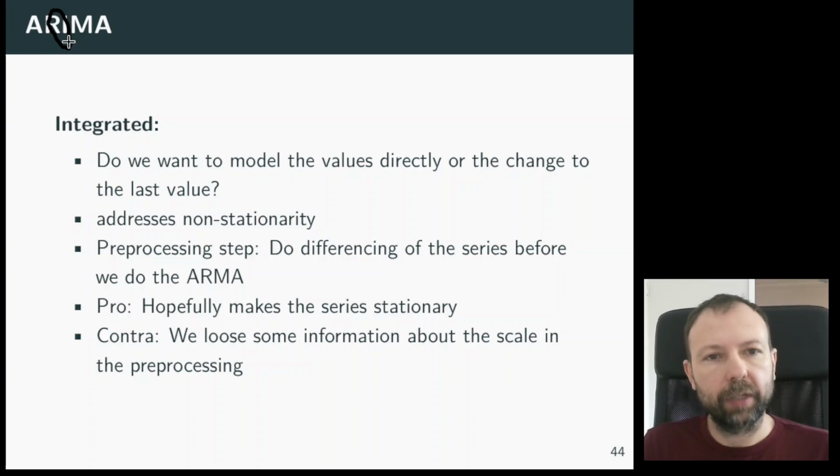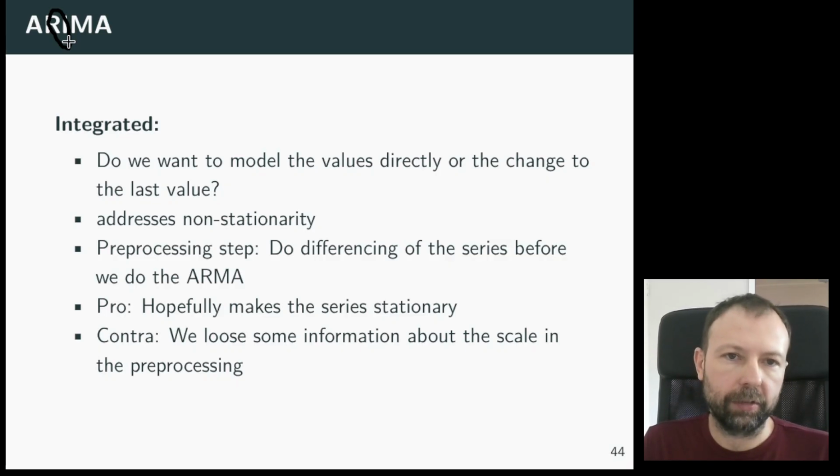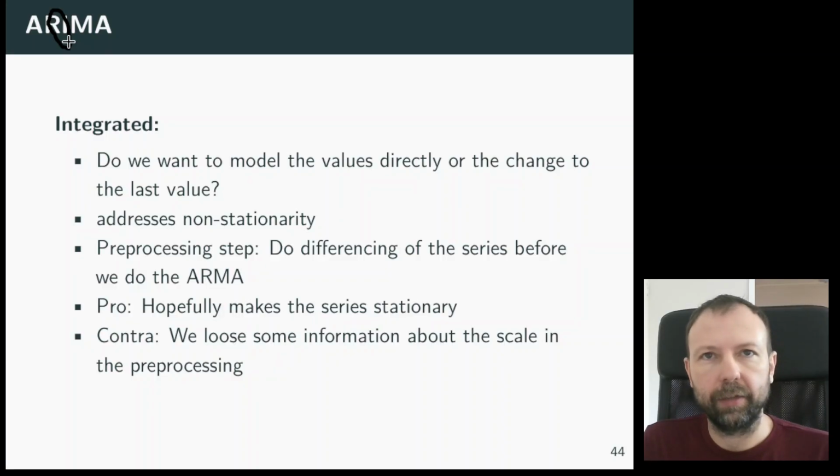This addresses non-stationarity, and we'll get to what non-stationarity is in a later chapter in the machine learning chapter, but as a quick explanation now, stationarity basically means that the statistical properties of the series don't change over time, and non-stationarity means they do change. So for example, a trend is a change in the mean, seasonality is also a periodical change in the mean, so trend and seasonalities would be non-stationarities.